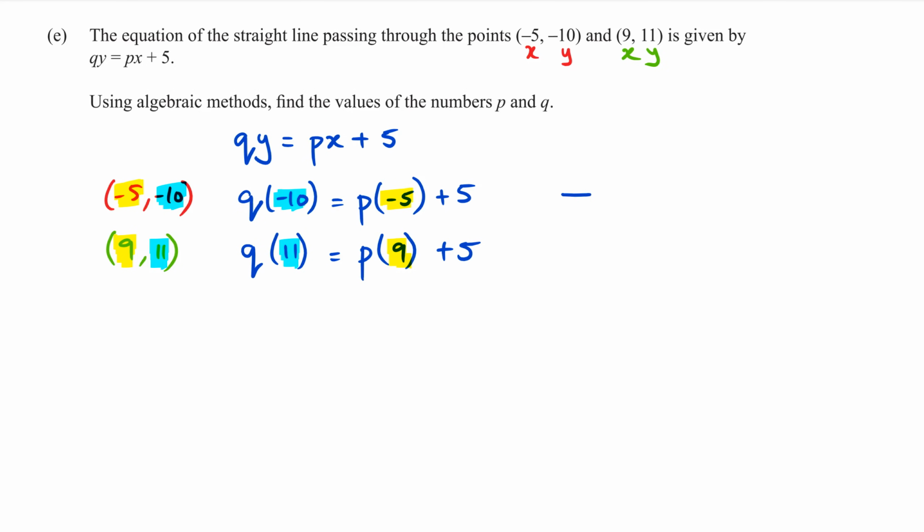My first equation is -10q equals -5p plus 5, and my second equation is 11q equals 9p plus 5.